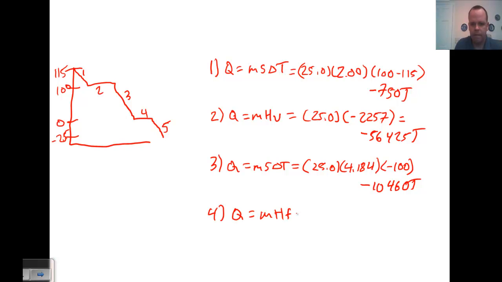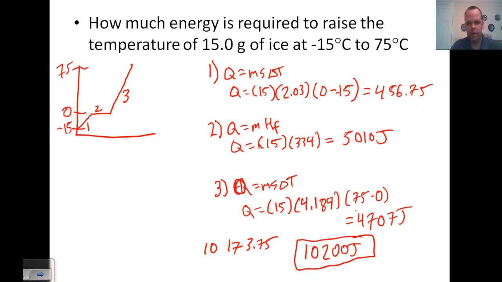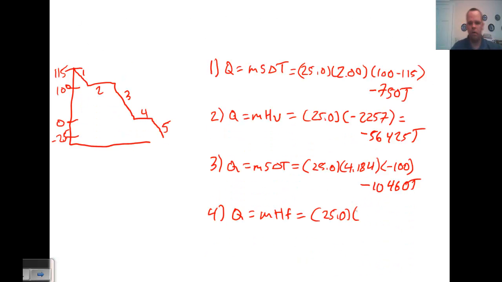Q equals mHF, 25.0. The HF, 334, that we saw in the previous problem. And it's losing, so we'll make that negative. 8,350 joules.